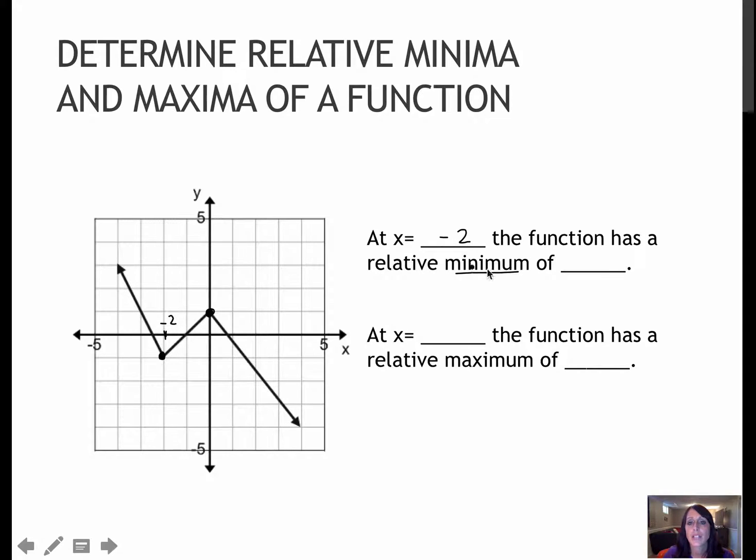The function has a relative minimum of -1. So the minimum is -1, which is of course the y value, but it's at x equals -2. The relative maximum, remember, is the point that is higher than the points in the nearby area, in this neighborhood, we'll say. So at x equals 0, the function has a maximum of +1 because it's higher than everything around it.